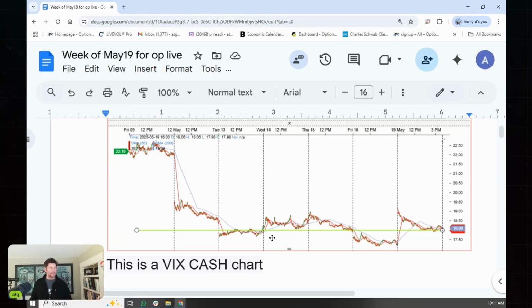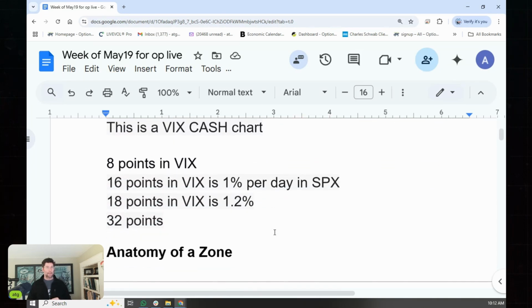The only place you can go where you take everybody's opinion and you stuff it into a box, it's going to be the VIX. It's very efficient. And when it ain't moving, something's up.